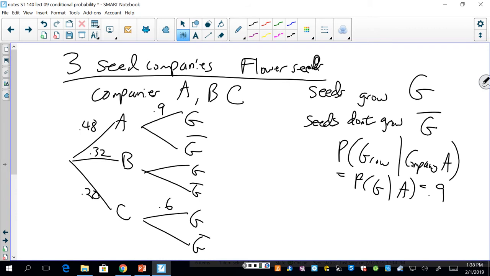It gets 60% growing. And company B is kind of a sham. They only have 30% that grow. They spread the seeds, they don't really water them properly, they don't put straw over them or anything like that. They just dump them there and then they don't work so well. So the probability of growing in B is just 30%, and the probability of growing in C is 60%.